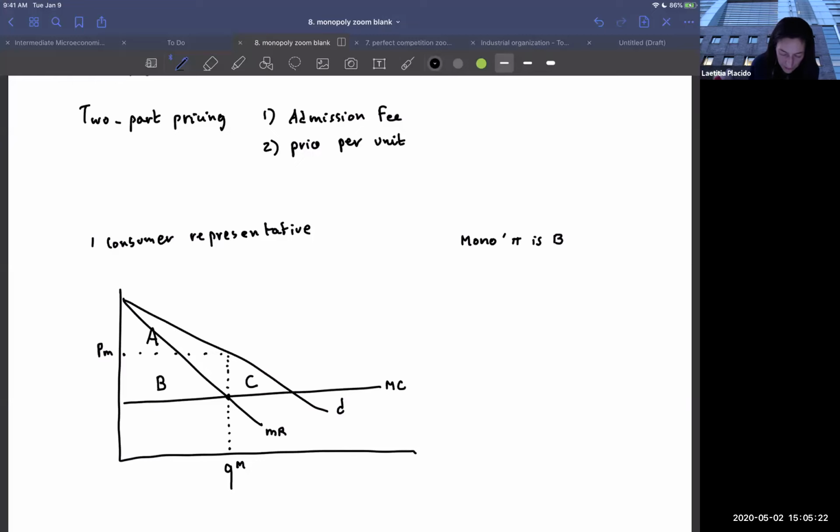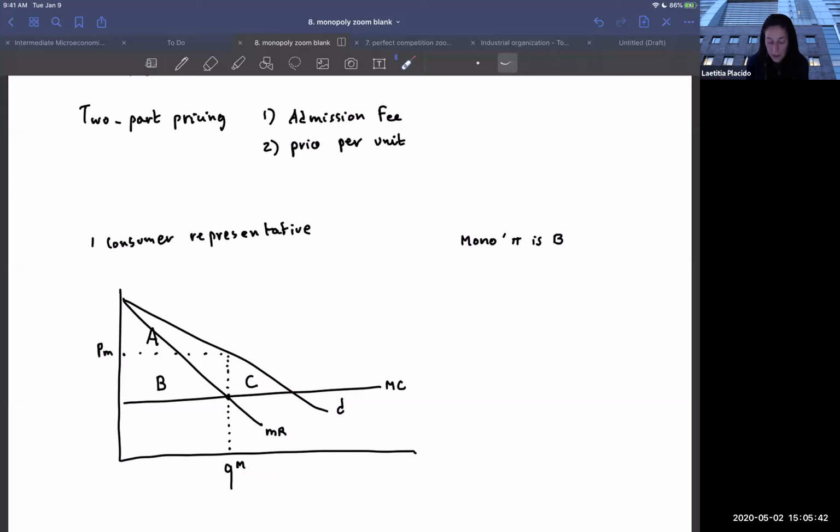First, you can notice that to get this area C, the monopolist has no other choice than increasing the quantity that he is going to sell. So how can the monopolist increase the quantity he is going to sell? Well, by charging a price equal to marginal cost.